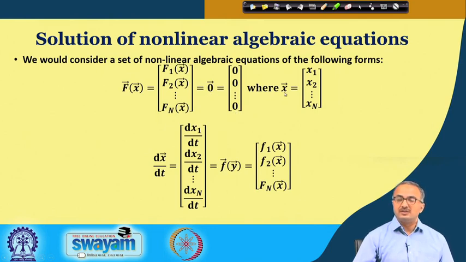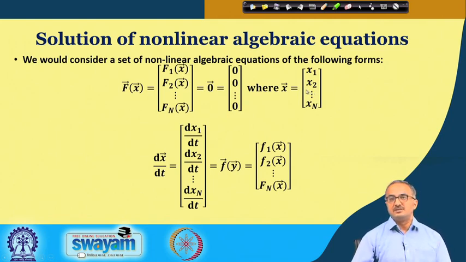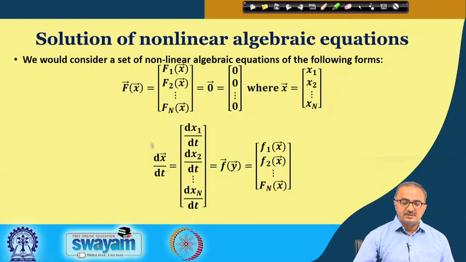And as I told you, this x vector comprises all the individual components, or in our case individual properties or variables of the system. Similarly, we can also pose these problems for differential equations, like dx/dt equal to dx1/dt, dx2/dt, like this. Here also we have something on the right hand side.